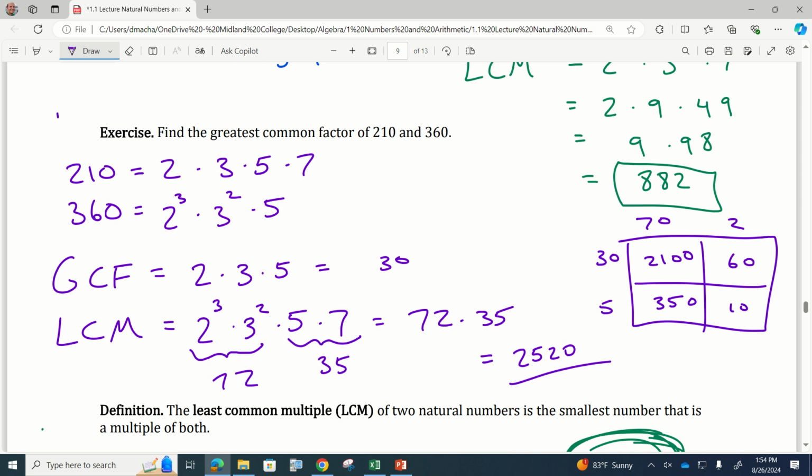Are there any questions about GCF or LCM before we move on? On the GCF, can you use the method you used to see if it's divisible by 3 and how you add them up? Is it possible to do that to find the GCF? I don't think so.